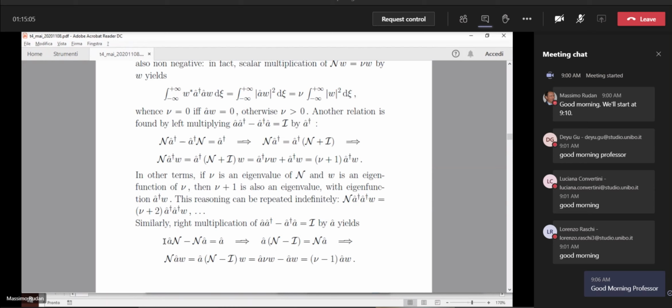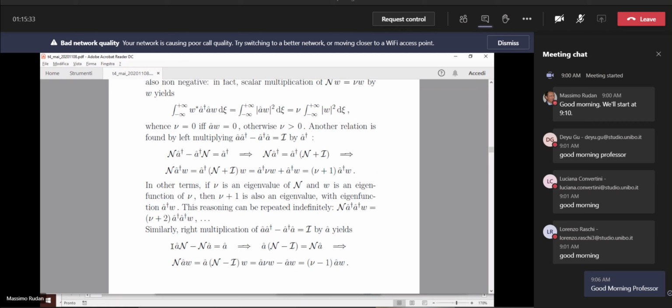Well, we may observe that in all these analyses, the only information that we have is that the eigenvalues are real, okay? So we made all the reasoning assuming that the eigenvalues are just real numbers. But this brings the contradiction.